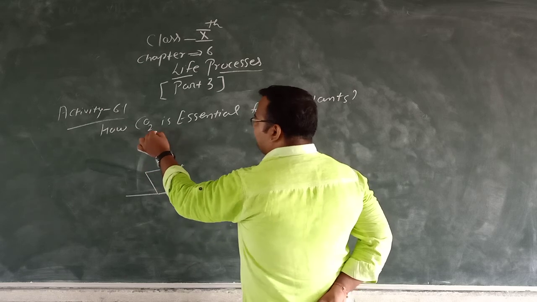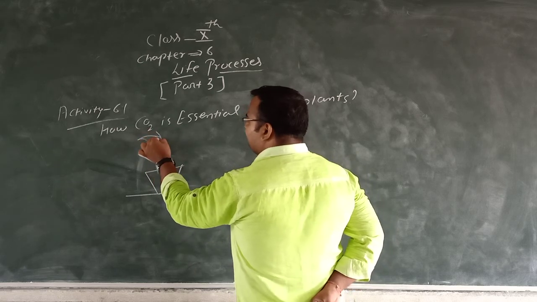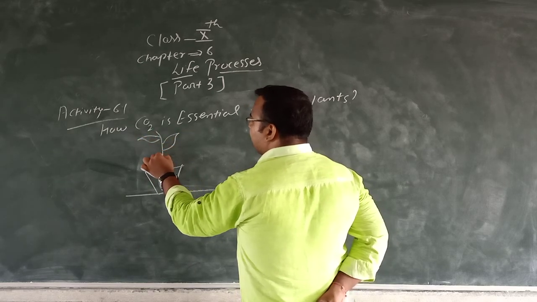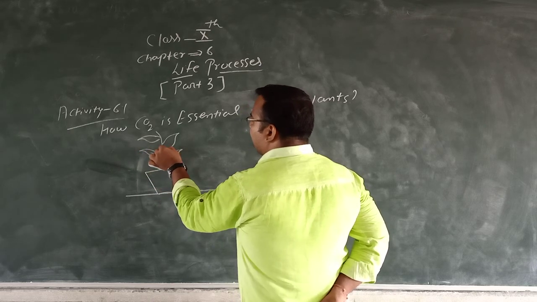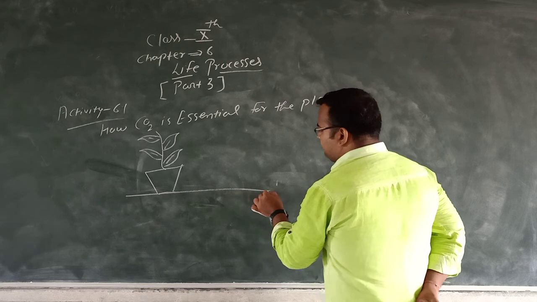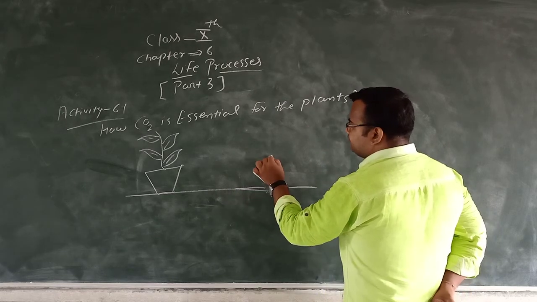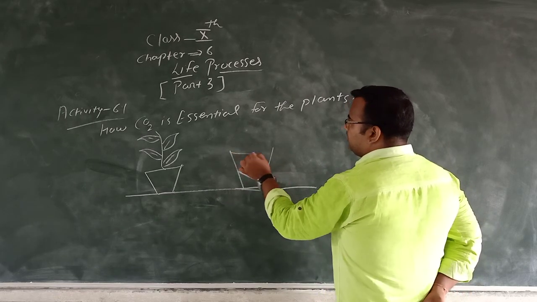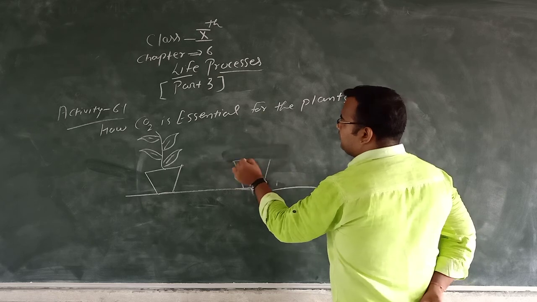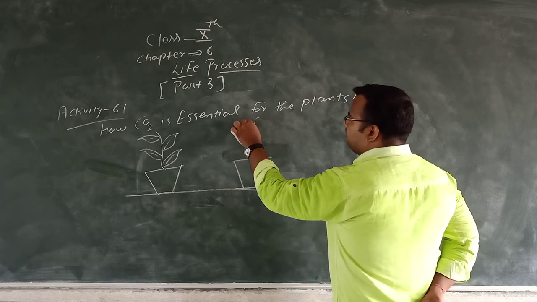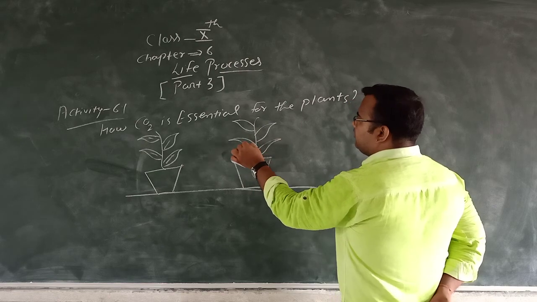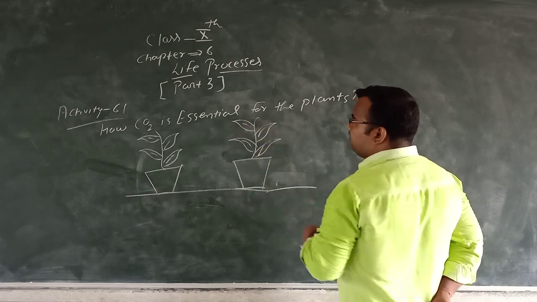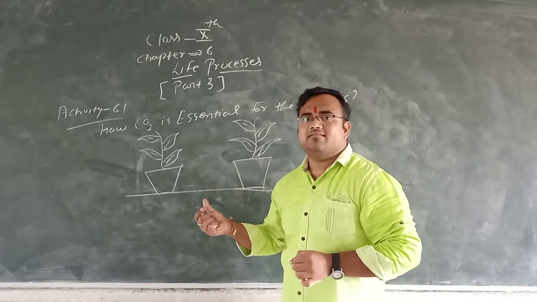In activity 6.1 we will take two plants, and these two plants are healthy.